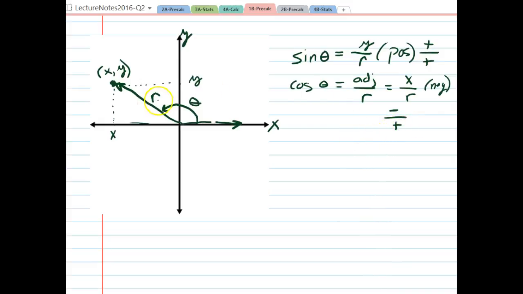So for this angle theta, whatever it is, it is greater than 90 and less than 180 because it's in the second quadrant. Therefore, this angle is going to have a positive sine value and a negative cosine value.